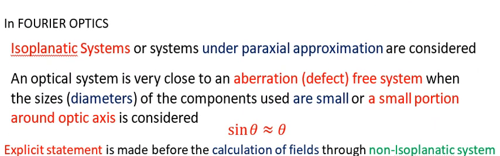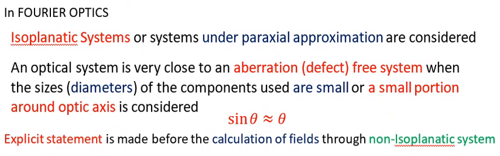What kind of systems are considered in Fourier optics? In Fourier optics we consider isoplanatic systems, or systems under paraxial approximations. An optical system is very close to an aberration-free or defect-free system when the diameters of the components used are small, or a small portion of the optical components around the optic axis is considered, satisfying the condition sin θ ≈ θ. This angle θ is measured from the object plane to any optical component, or from the image plane to any optical component.